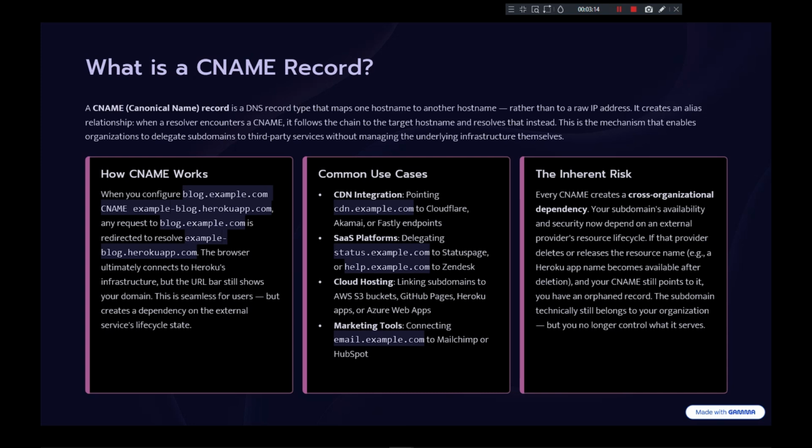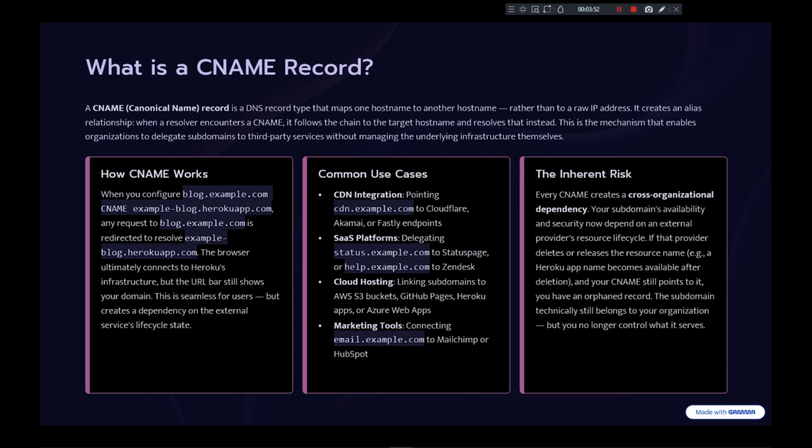For instance, you might set up a subdomain like blog.example.com and create a CNAME pointing to yourcompany.github.io, or yourblog.herokuapp.com. So whenever someone visits blog.example.com, they are silently handed over to yourcompany.github.io.